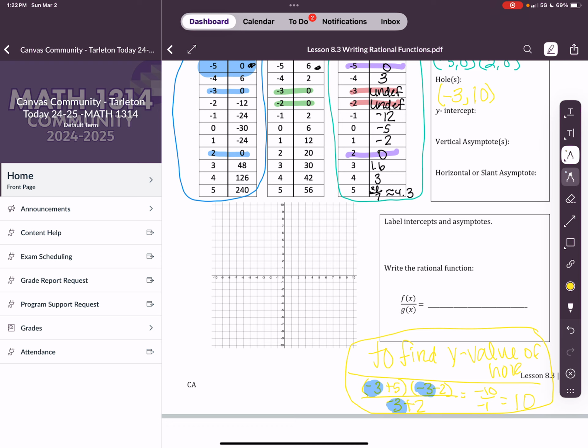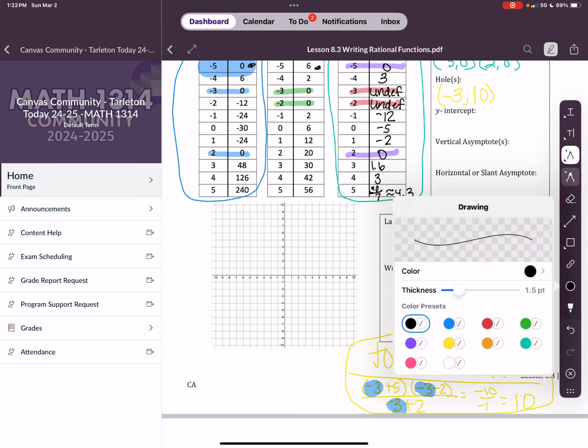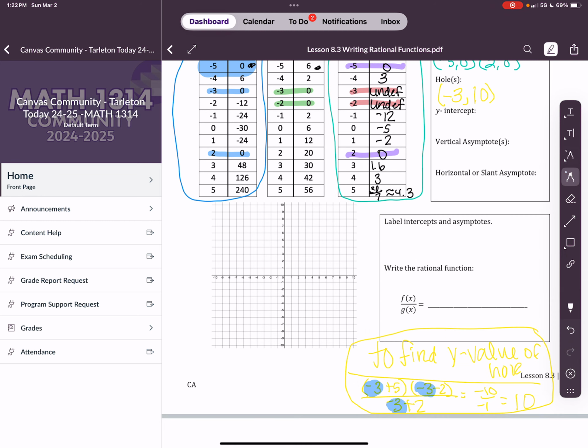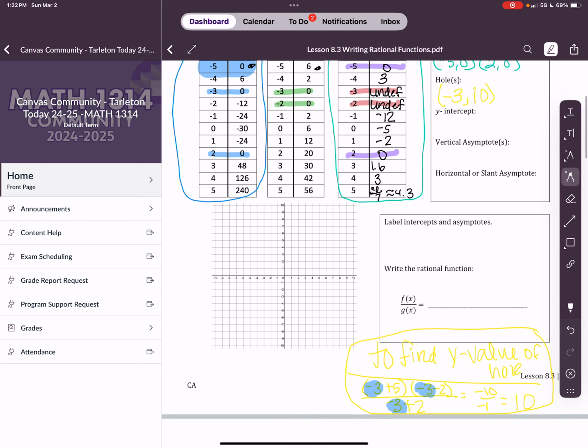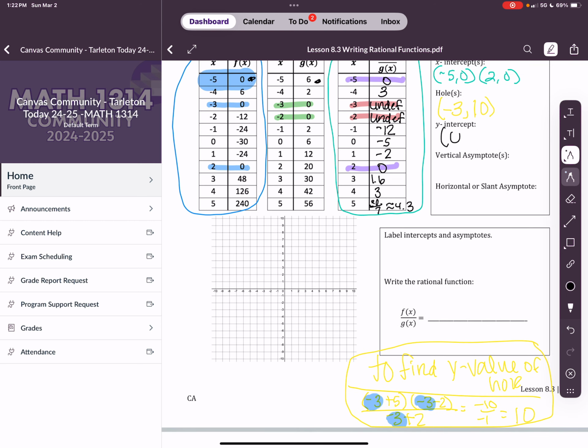Okay, moving on up here to our table of values that they're asking us to fill out, we go on to our y-intercept. And our y-intercept is anywhere that x is 0. So our y-intercept on this would be 0, -5. And so then we come to the vertical asymptote. Well, how am I supposed to know what the vertical asymptote is?